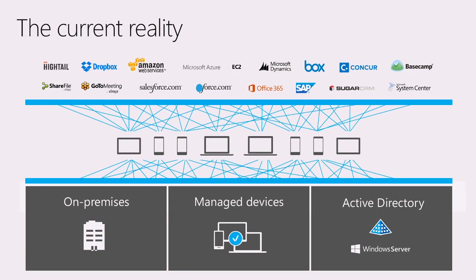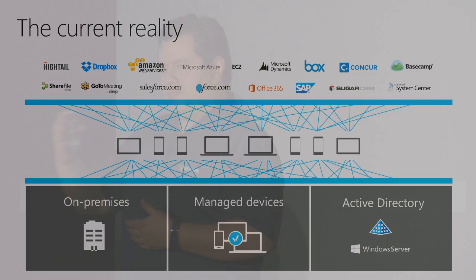And all that is because the current reality is that the world has changed quite a lot in the last 10, 15 years. Before you had this boundary, which was your corporate network, you had all your devices, all your applications on-prem, and then you started opening, maybe deploying some servers in the DMZ, allowing VPN access from outside.